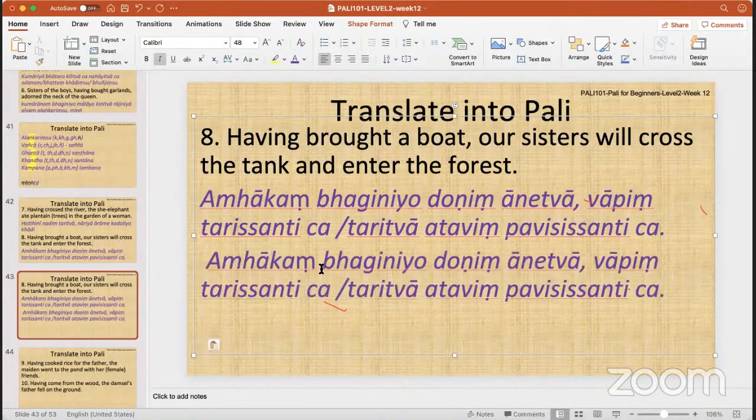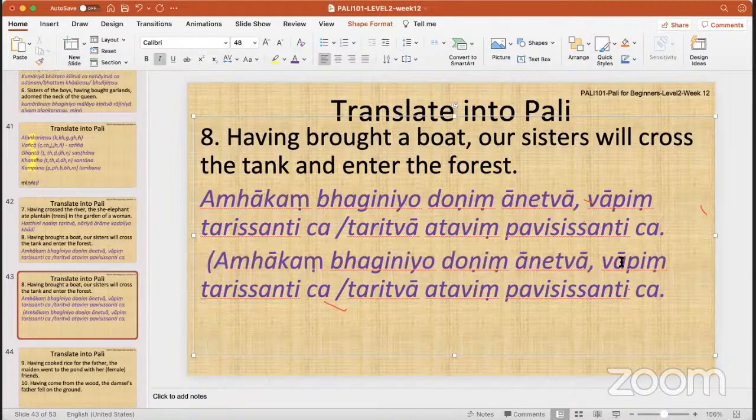There is no "in" here. Enter the forest, or enter forest. Okay, it's good, it's fine. So I will give this also within brackets to make it clearer. I think that will become more clear then.